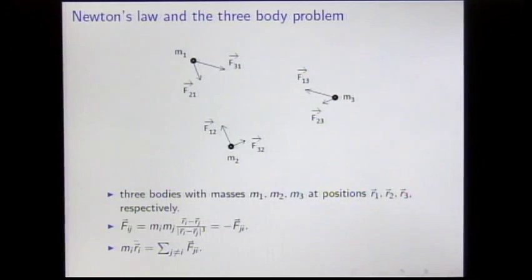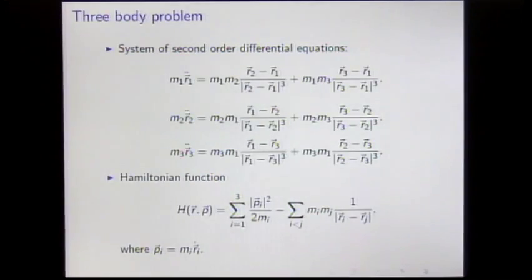Imagine that they are all in the same plane. The motion is on the plane, and Newton's law will give that the second derivative of the position is the sum of the forces at each mass, divided by the mass. And this gives this system of differential equations.